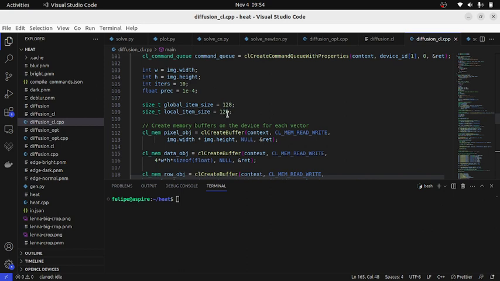The global is 128, which is the same as the local one. My graphics card can actually go to 256, but for some reason, when I run this with 256, it's slower than with 128. I don't know why. Maybe the 256 is some virtual stuff or whatever. But in any case, I can run. Let us see.